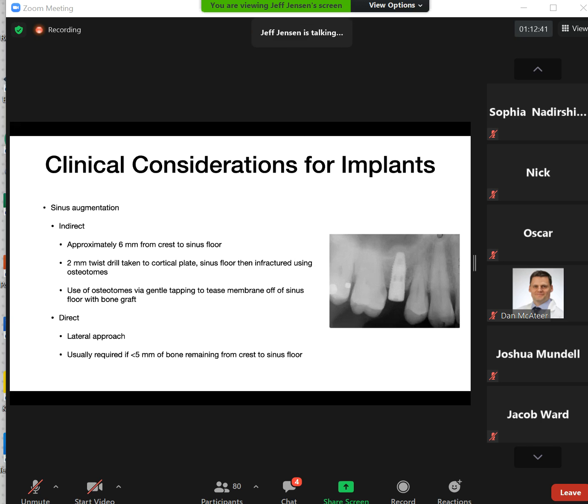If there's less than 5 millimeters of bone, or 4-3 left, then we usually have to do what's called a direct sinus lift, where we actually cut a window in the lateral side of the maxilla and tease the membrane up, and then actually directly place bone into the sinus, and that gives us a little bit more height than we can get with an indirect lift.